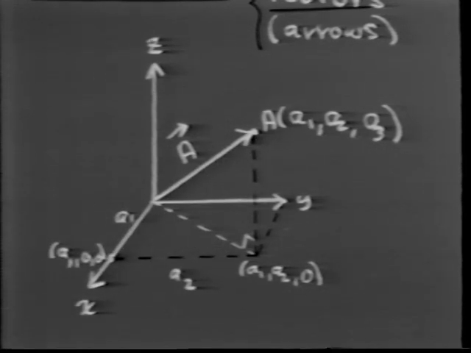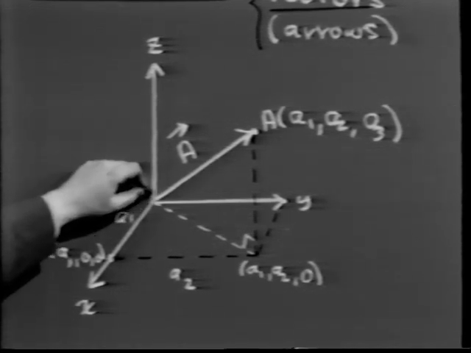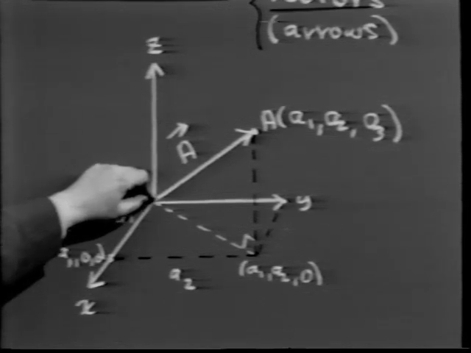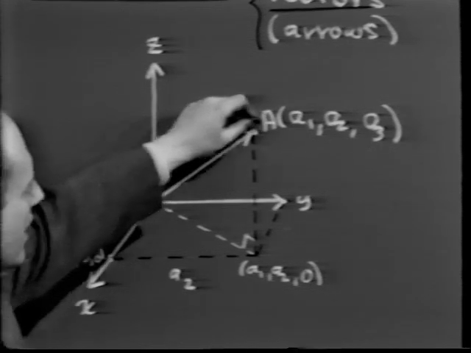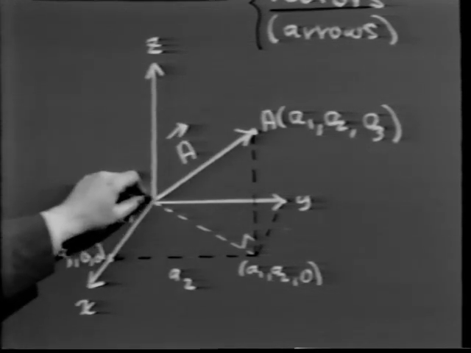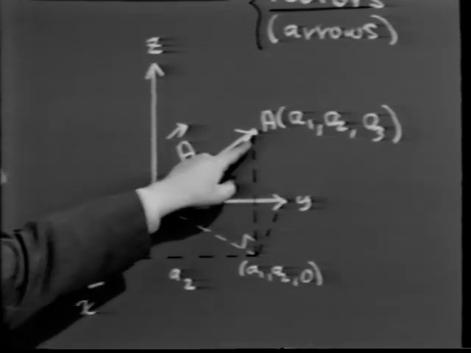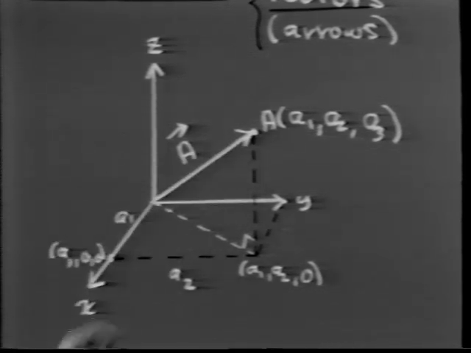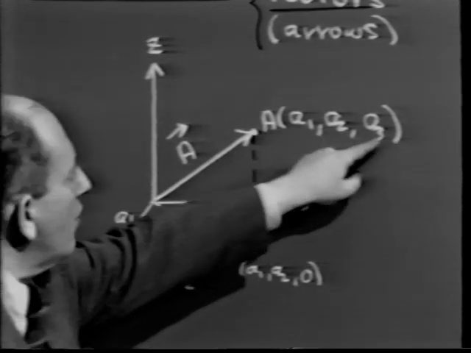So, for example, if I take a vector in three-space, meaning a line that goes through three-dimensional space, I again shift it parallel to itself so it begins at my origin. And at the risk of causing some confusion, I still think it's worth doing. Let me call the vector A, and let me call the point at which the vector terminates the point A. And let's suppose that the point A has coordinates A1, A2, A3.